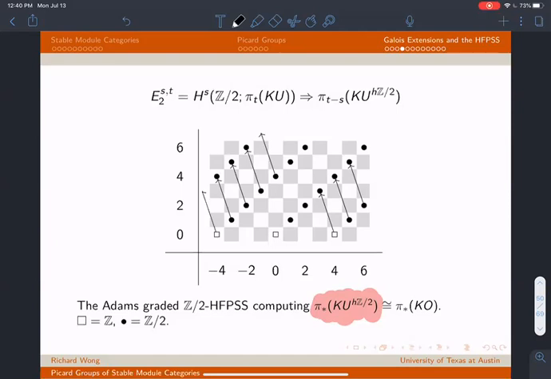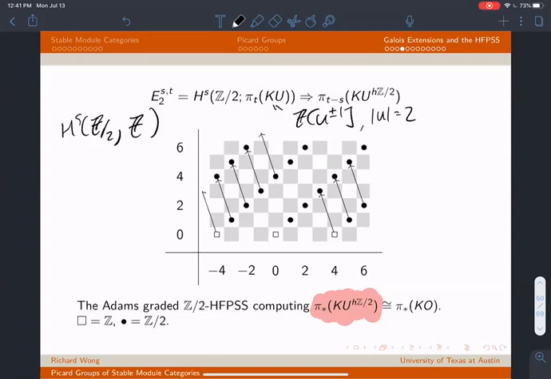And to compute the E2 page, we need to understand the group cohomology of Z mod 2 with coefficients in pi t of KU, which is Z with a generator in degree 2.